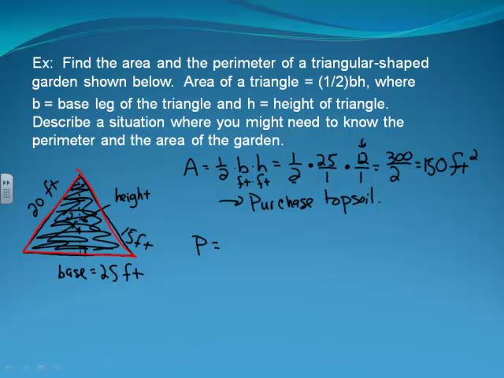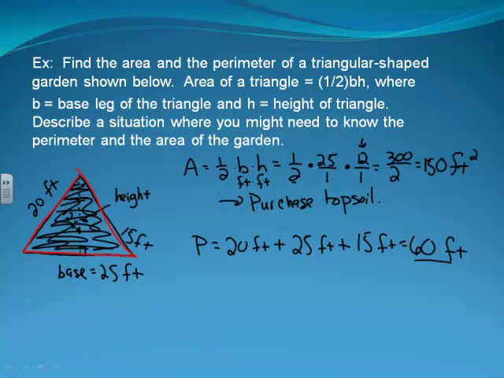So your perimeter is 20 feet plus 25 feet plus 15 feet. 20 plus 25 plus 15 is 60. And feet plus feet plus feet is just a lot of feet. Just like if that was 20x plus 25x plus 15x, it was 60x.